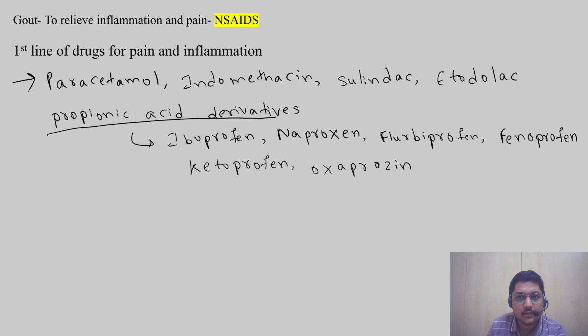Among these drugs, there is an interesting point which we should learn about etodolac.